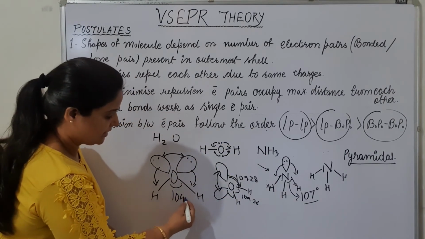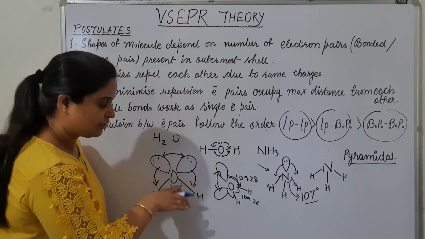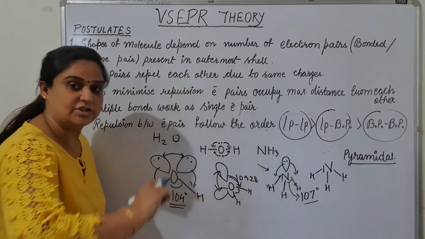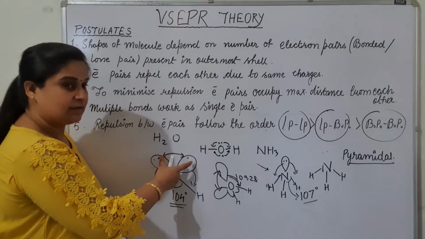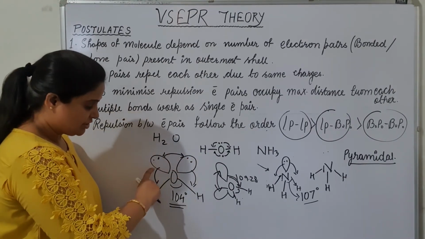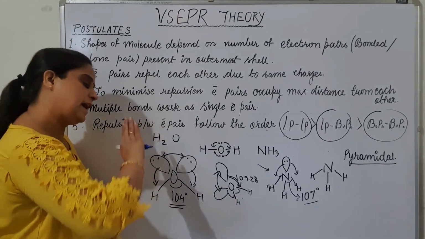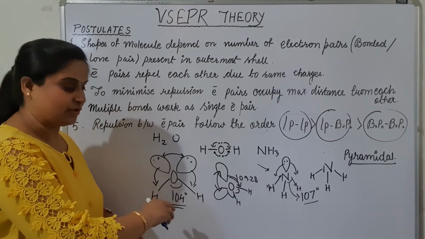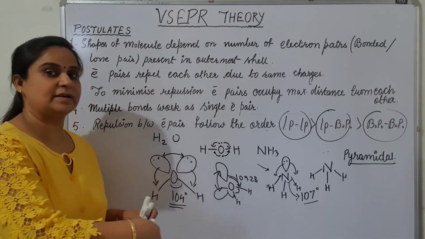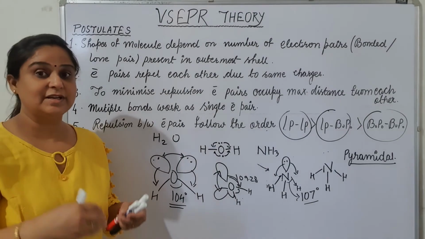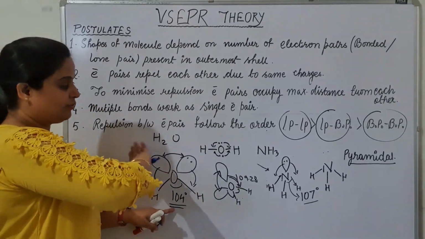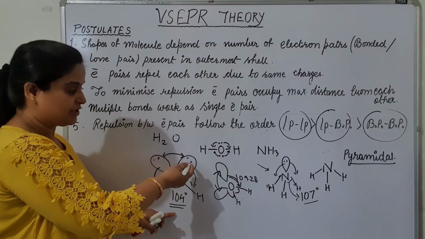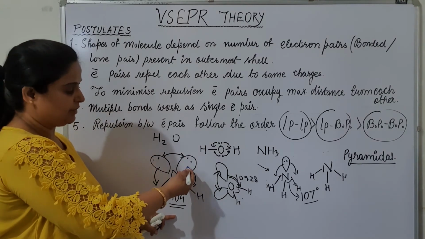So you just understand this. The angle between the hydrogen and hydrogen is reduced from 109 to 104. The reason behind it is the repulsion between lone pair and lone pair, the repulsion between lone pair and bond pair, and then whatever is left out will be maintained by the bond pair repulsions. Means bond pairs will occupy their space accordingly, whatever is left out after the repulsion between lone pair and lone pair, and lone pair and bond pair.